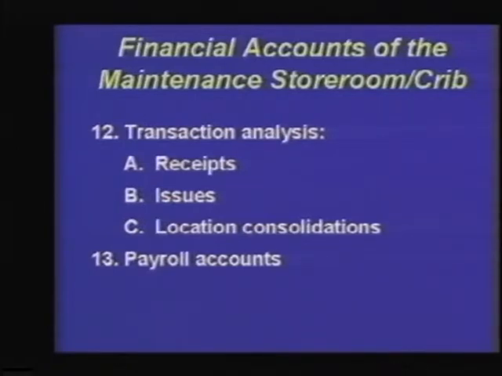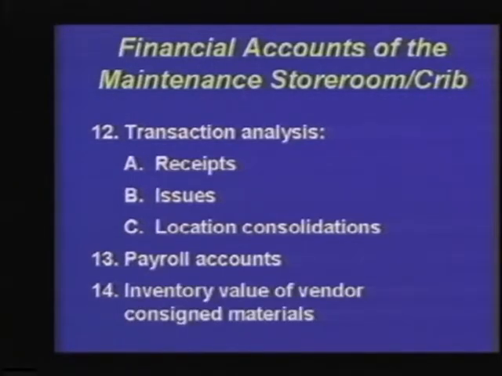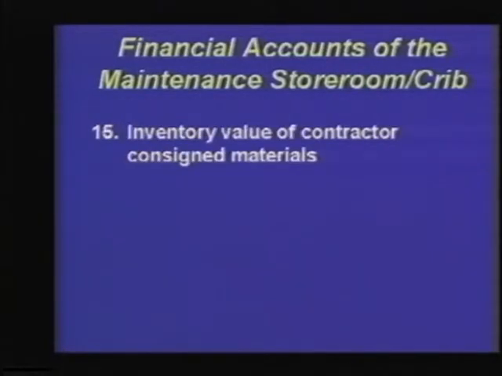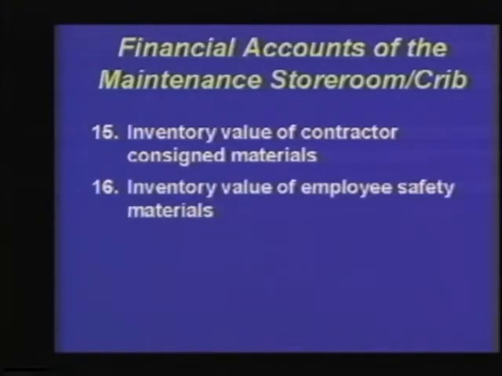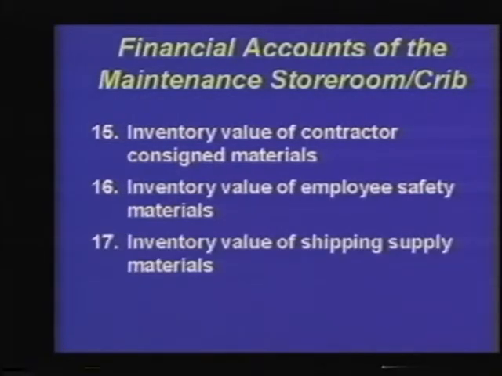In addition to that, we could have item 14, various inventory value of vendor consigned materials. 15 would be contractor consigned materials. And 16 is the inventory value of employee safety materials. And 17 would be the inventory value, and we could likewise develop inventory turnover analysis for shipping supply materials.